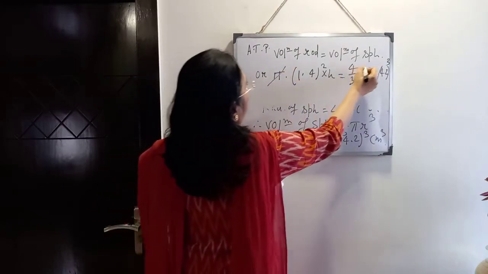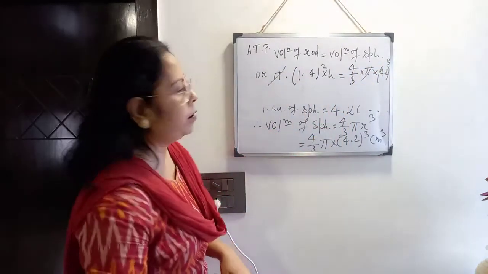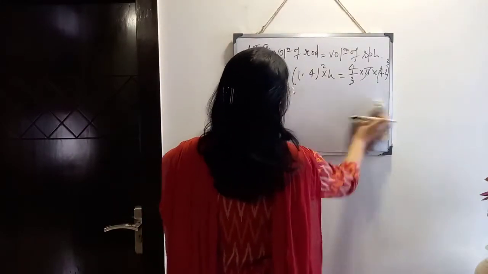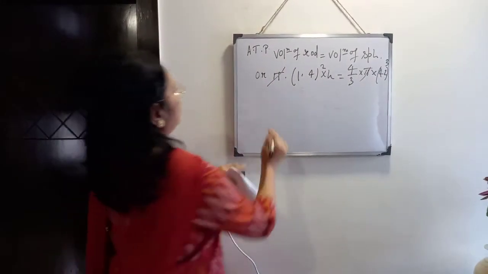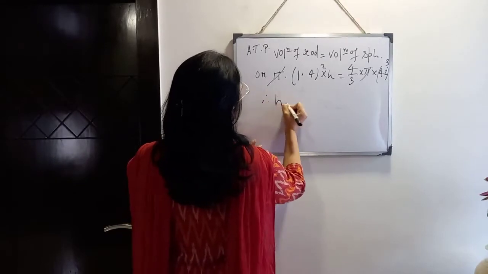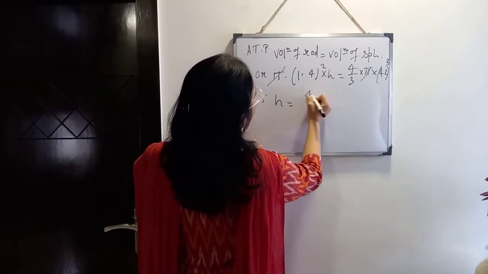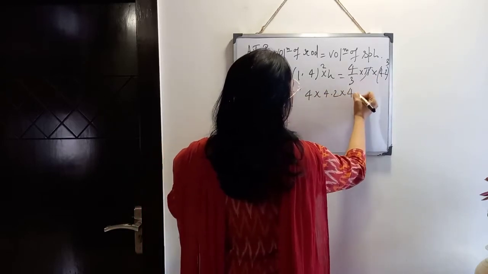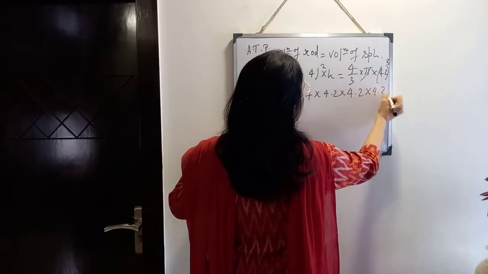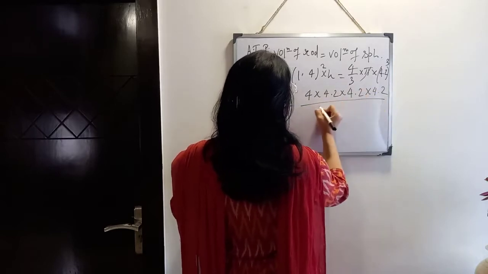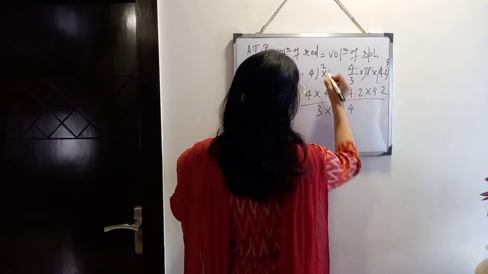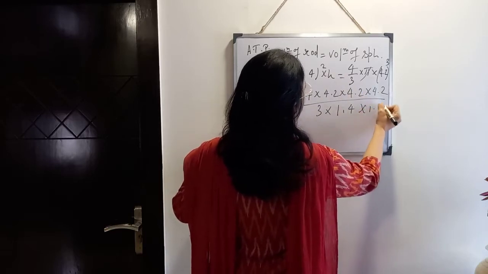Now pi and pi you can cancel, then h. Therefore h equals 4 into 4.2 cube. So 4.2 thrice it will come, and denominator 3 is there, into 1.4 whole square, 1.4.